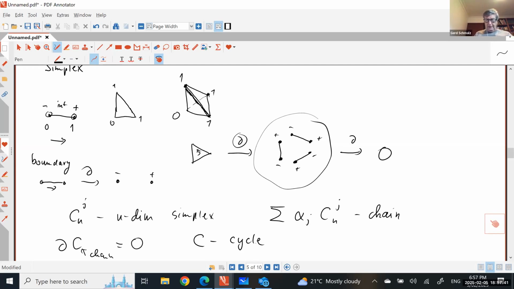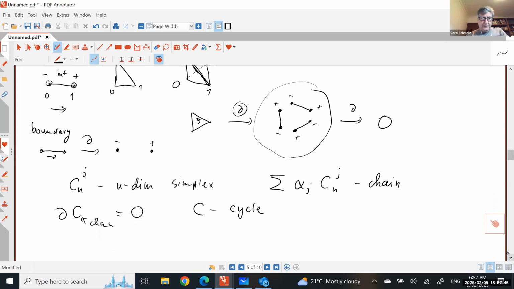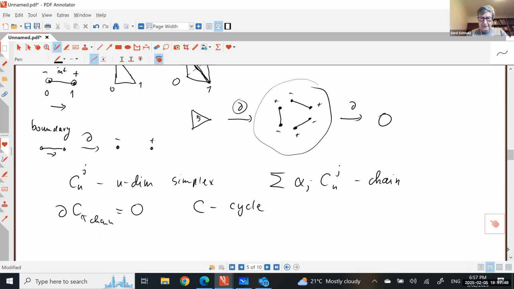So no boundary, no end. This is where this terminology comes from. So a cycle is a chain with no end, with no boundary. And then we have also such chains which are a boundary of something. And in this case, C is called a boundary.